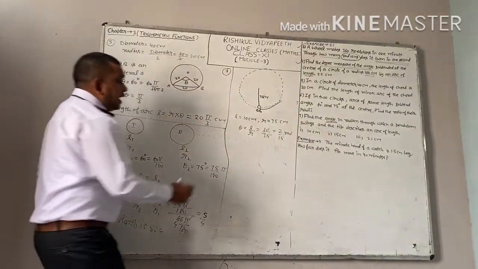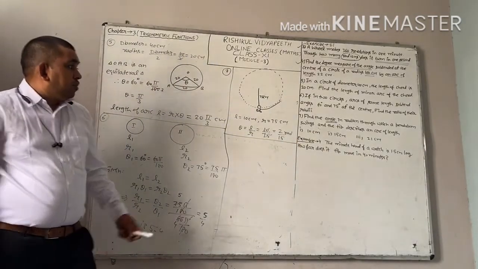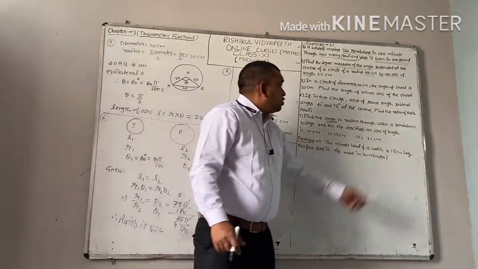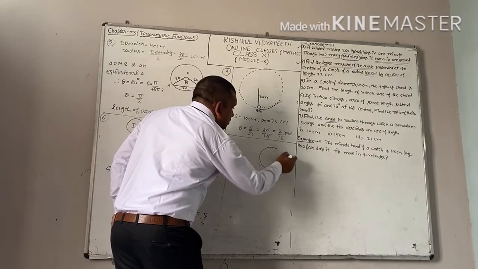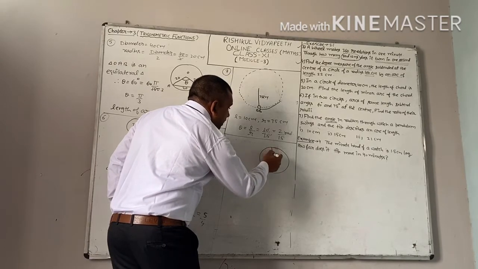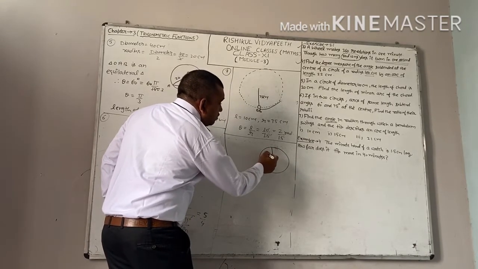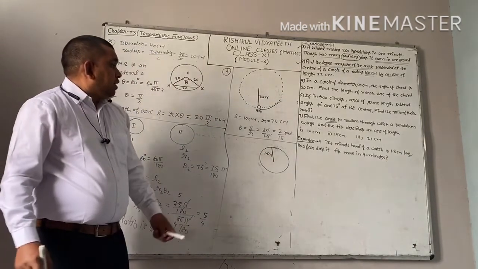Now see the example number 4. In example number 4, the minute hand of a watch is 1.5 centimeter long. This is your clock. This is your minute hand. Its length is given to you. Length is 1.5 centimeter. Right?